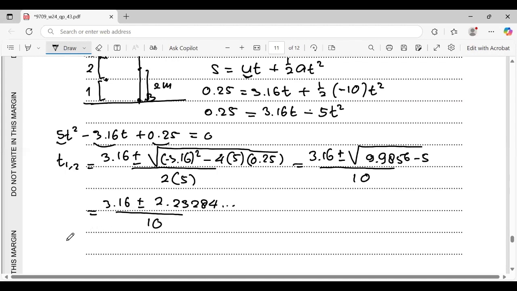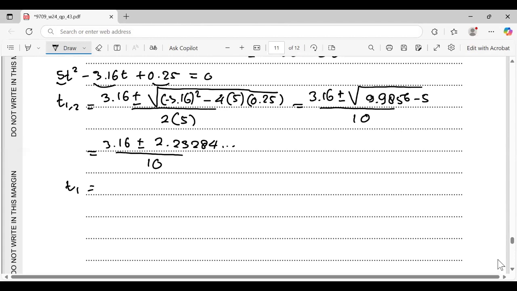So t1 equals 3.16 plus 2.23284, divided by 10, which equals 0.53928.